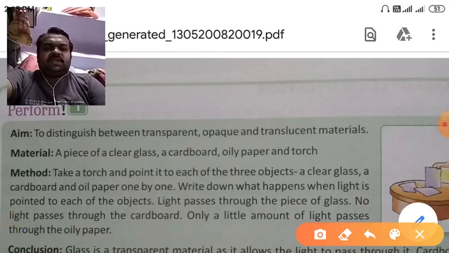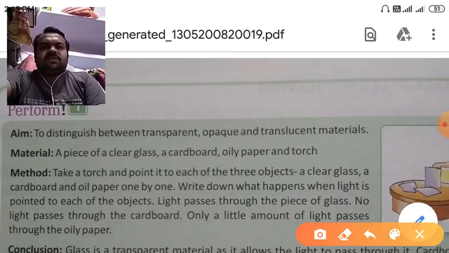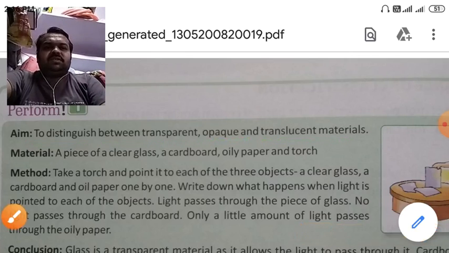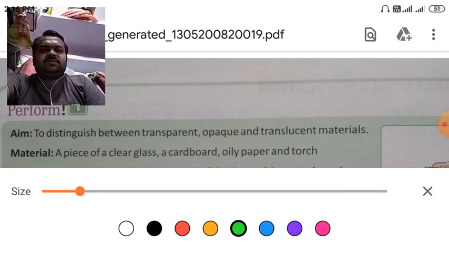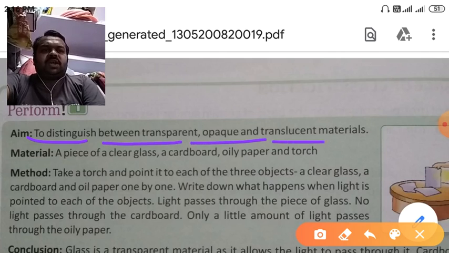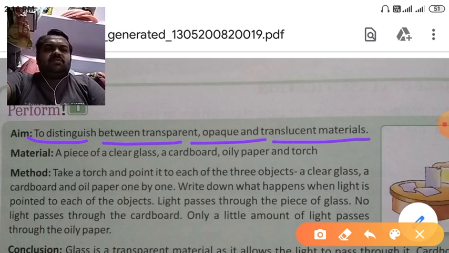First activity is given here. The aim is to distinguish between transparent, opaque, and translucent materials.